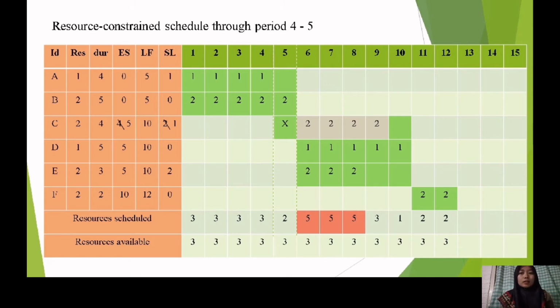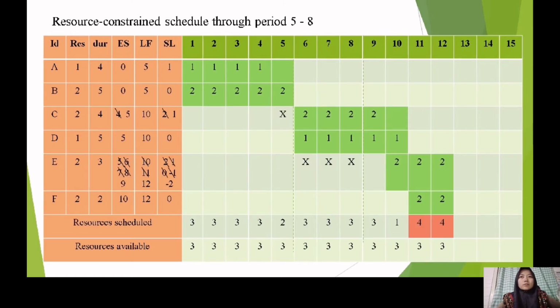After that, we do the sum again, the sum of the resource schedule in each day, and here we can still see the resource schedule exceeds the resource available for day 6 until day 8. So we will continue to do the resource constraint schedule again in the next slide.